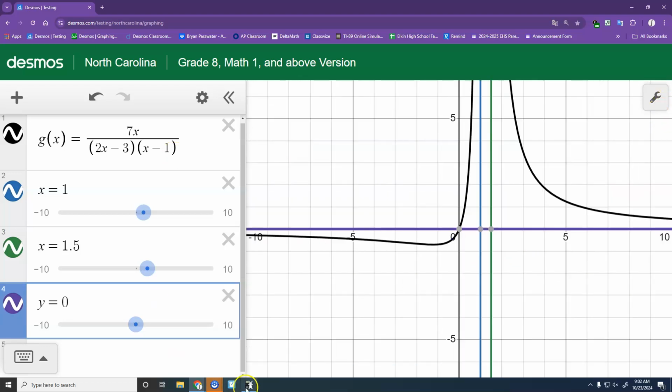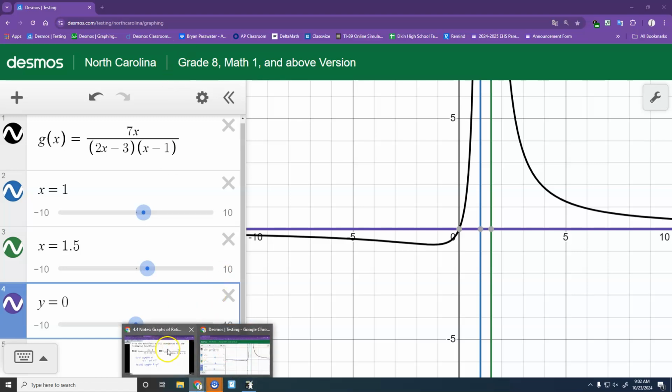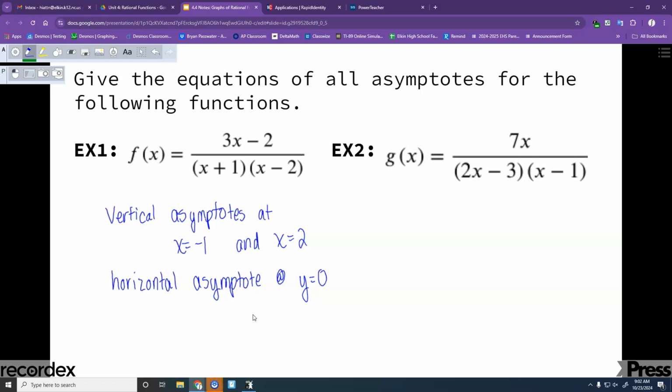So for this one, we should have vertical asymptotes at x equals 1 and x equals 1.5.